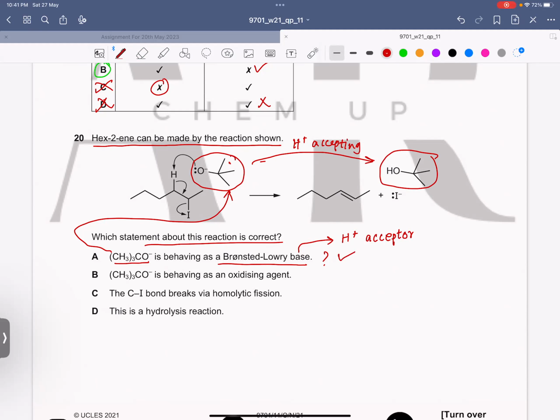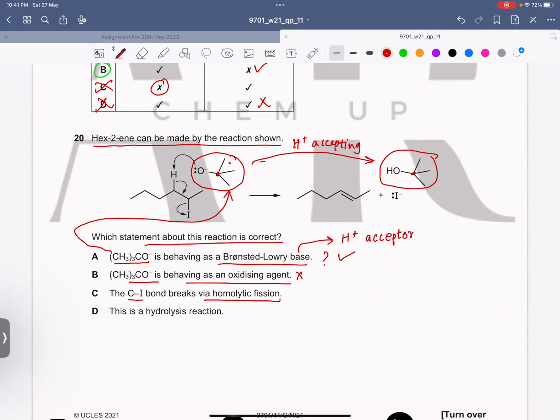Now, they are saying that this ion is behaving as an oxidizing agent. No, because there is no change in the oxidation state of this carbon over here. The carbon iodine bond breaks via homolytic fission.